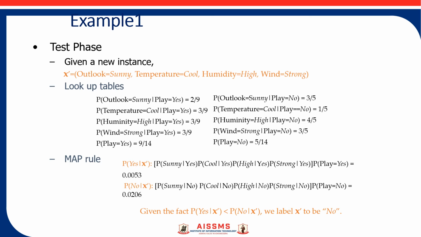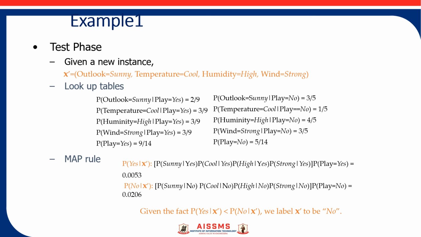Once you are done with the lookup tables and have explored every possible combination, it is very easy to test a particular instance. Now we want to know the classification for X dash if the outlook is sunny, temperature is cool, humidity is high and wind is strong.